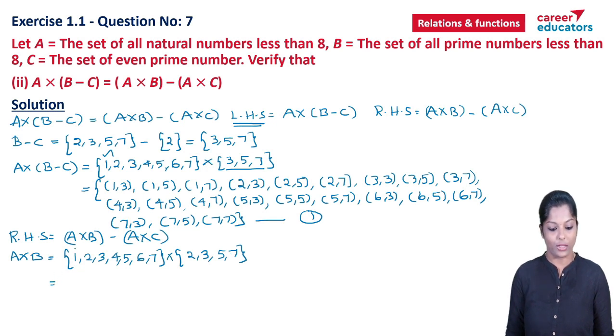Next, we take the first element of A and pair it with all the elements of B. We will get (1, 2), (1, 3), (1, 5), (1, 7).